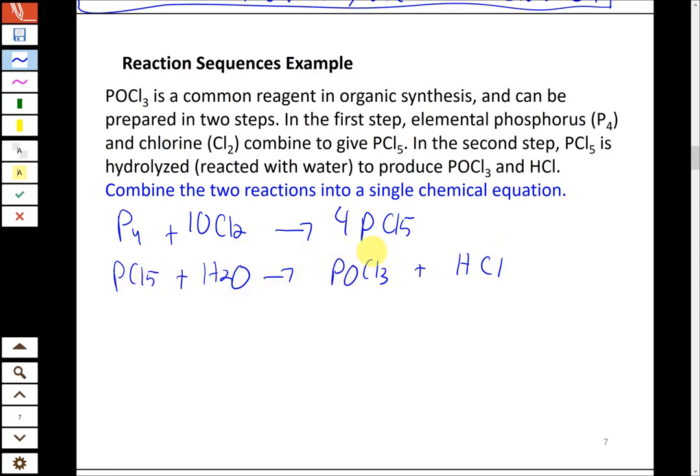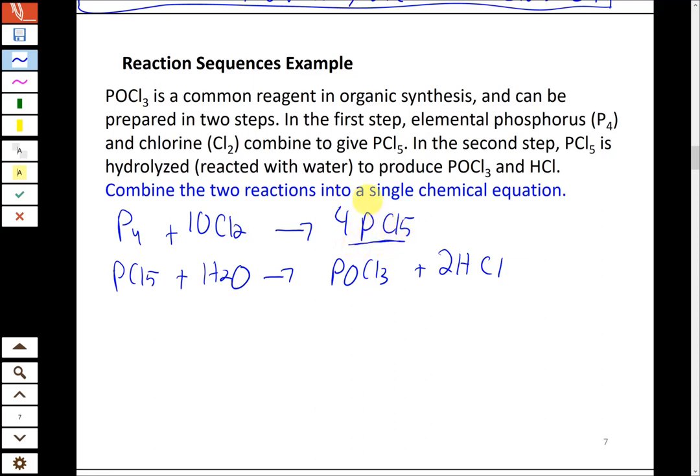We have 5 chlorines over here, 3 from this one, which means we needed 2 there to balance hydrogen and chlorine. So just 1 coefficient to balance that whole equation. So those are the 2 individual equations. They don't have to be balanced with lowest whole numbers, but that usually makes things easier as you do this. But if you balance them any other way, as long as they're balanced, you'll get to the final answer eventually.